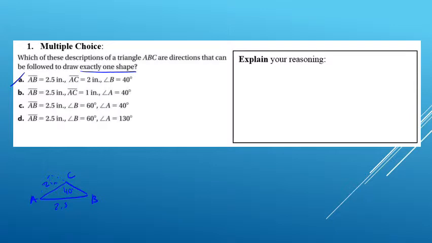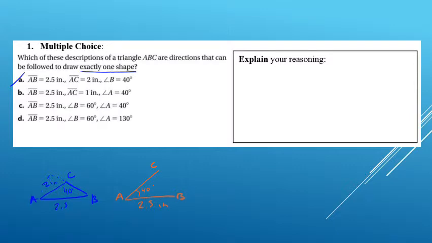In the case of B, I'm given a side length. So again, AB is 2.5 inches. I'm going to label that here. I'm given AC is 1 inch, and also angle A is 40 degrees. So I'm going to sketch an angle A of 40 degrees and label AC as 1 inch.